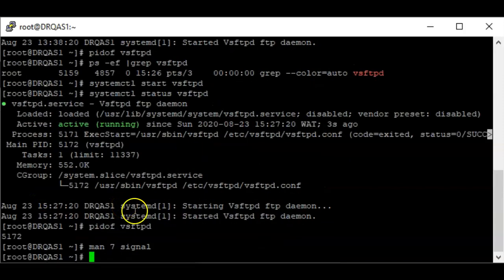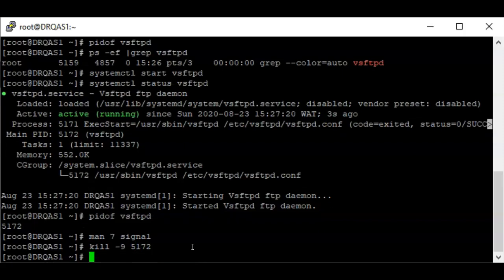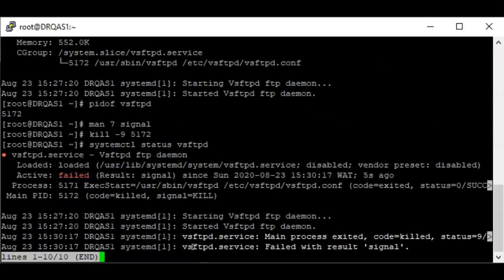If I want to use the SIGKILL signal this time around, I'm just going to use kill -9 followed by 5172. This will kill the process abruptly. If I check the status, you can see that the process is dead, and this time it's even saying failed.